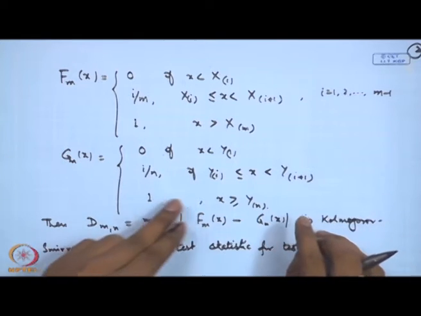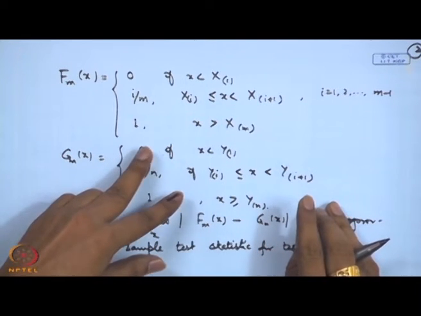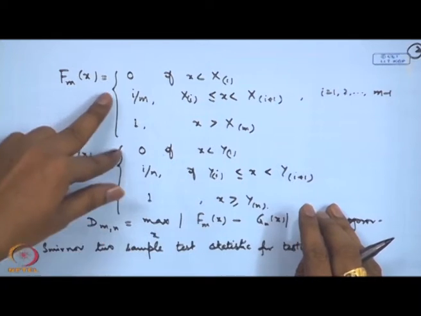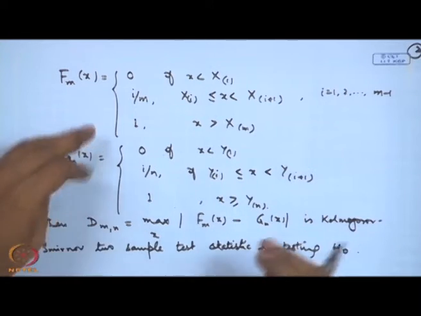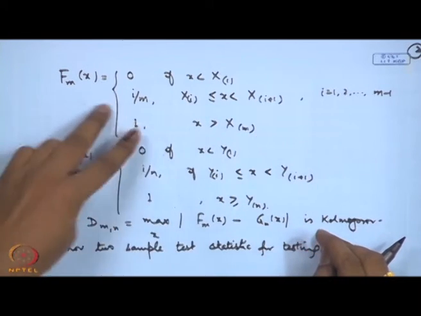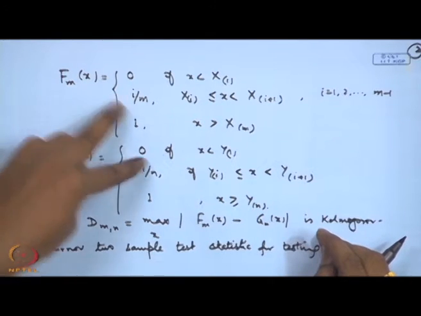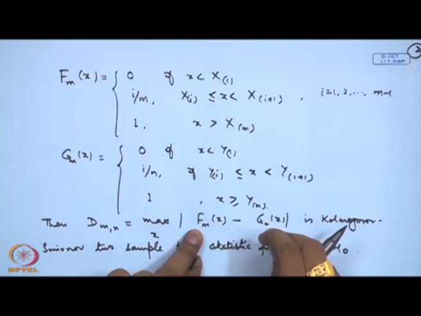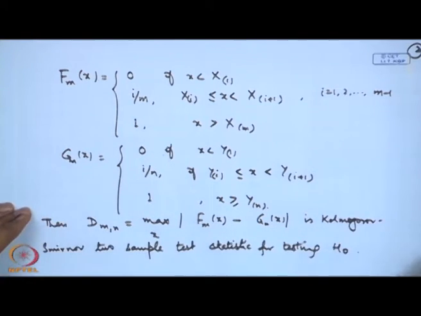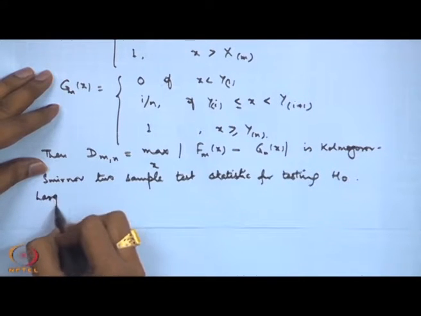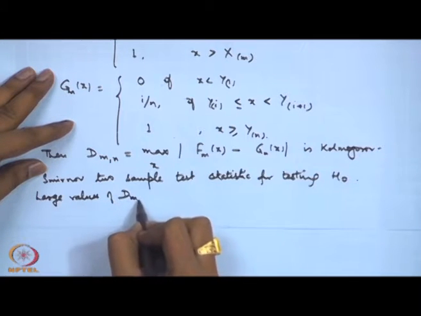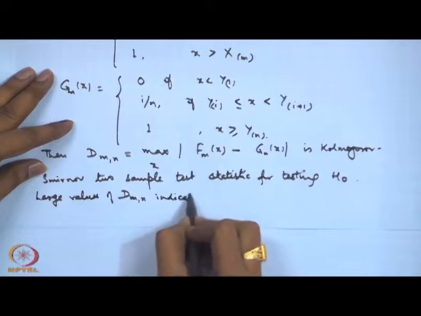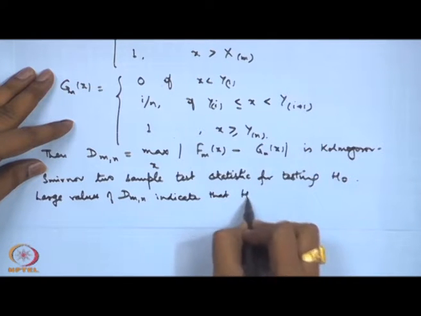Now naturally, if the two distributions are close, then their sampled values will be closer to each other, and therefore there will be regions where Fm and Gn will be similar. So the differences will be smaller, otherwise the differences will be large. So we can simply say that large values of Dmn indicate that H0 is false.